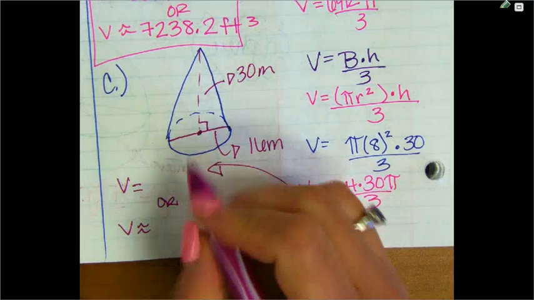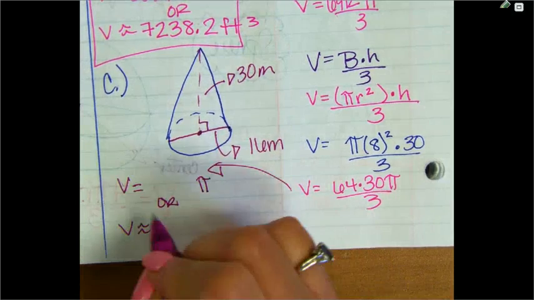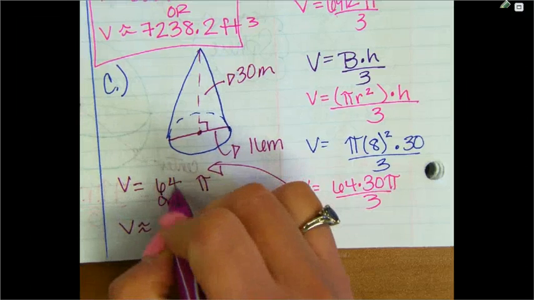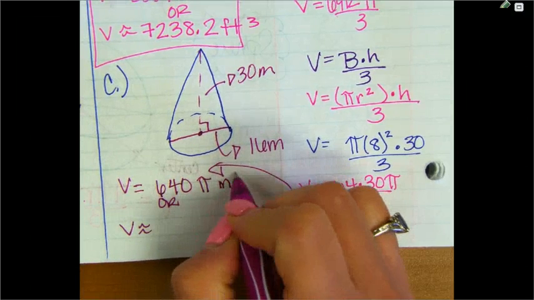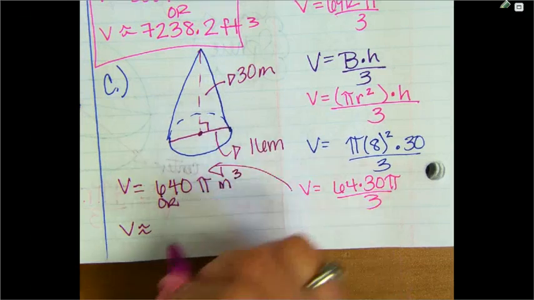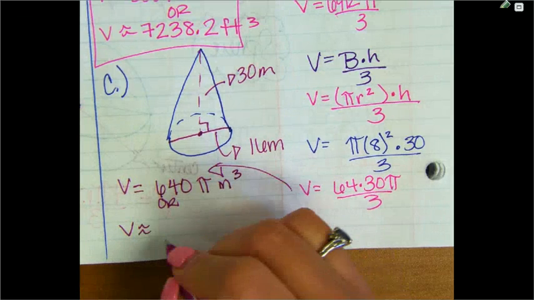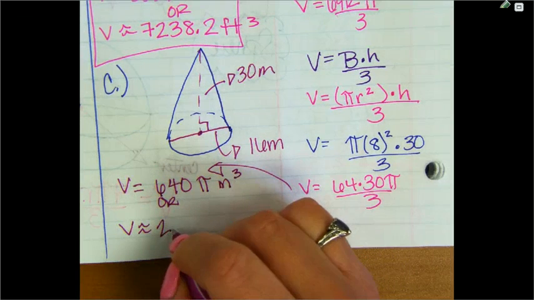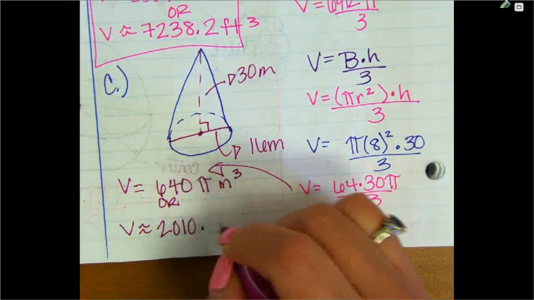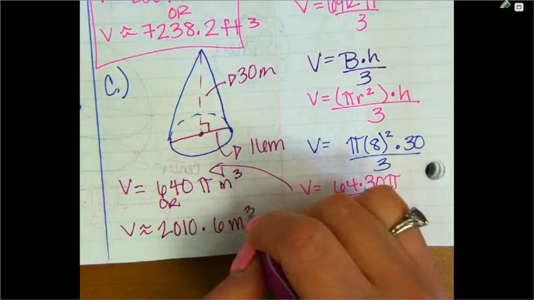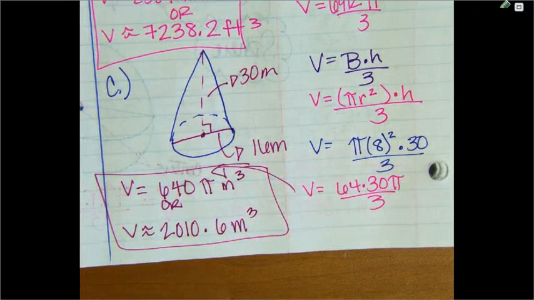What did you get with pi? 640 pi meters cubed. Volume is approximately 2,010 meters cubed.